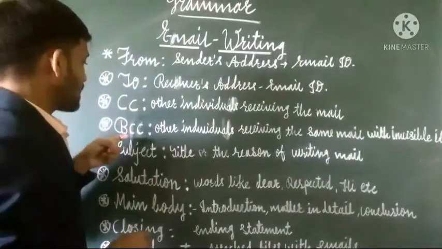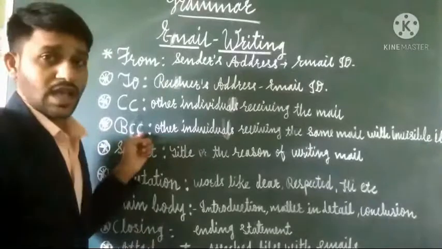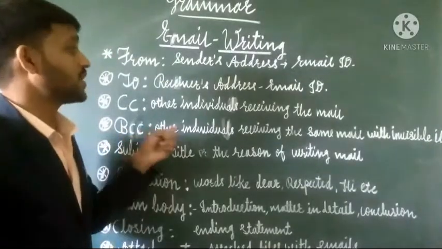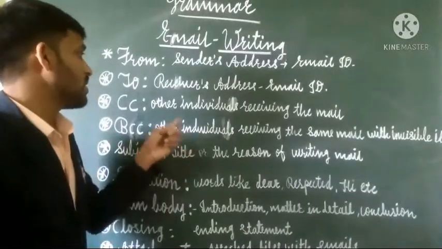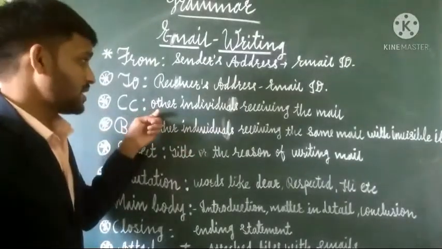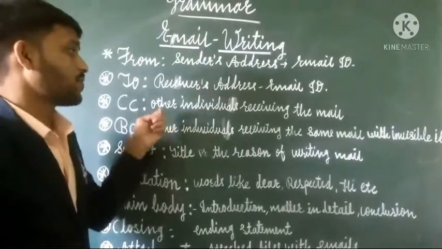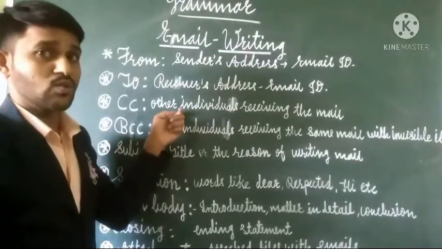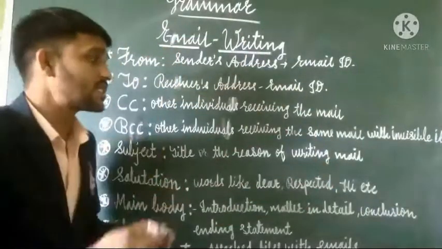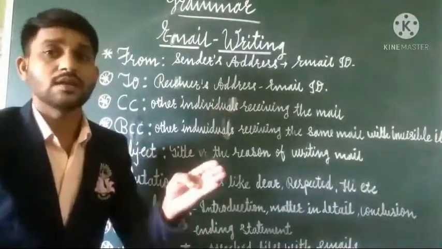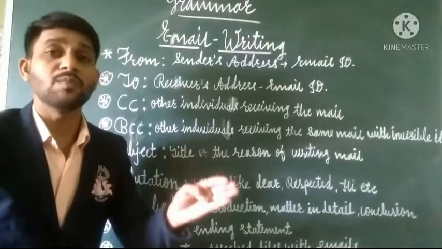Then the third point that comes is CC. Now CC and BCC are optional to fill in. When we make this kind of attachment to our emails, other individuals receive the same mail in their own email accounts.